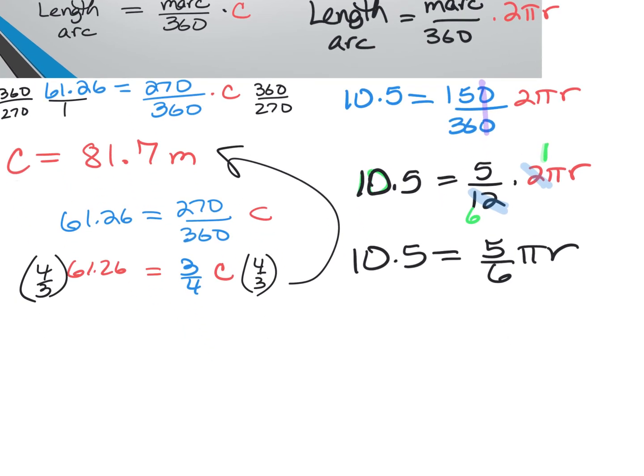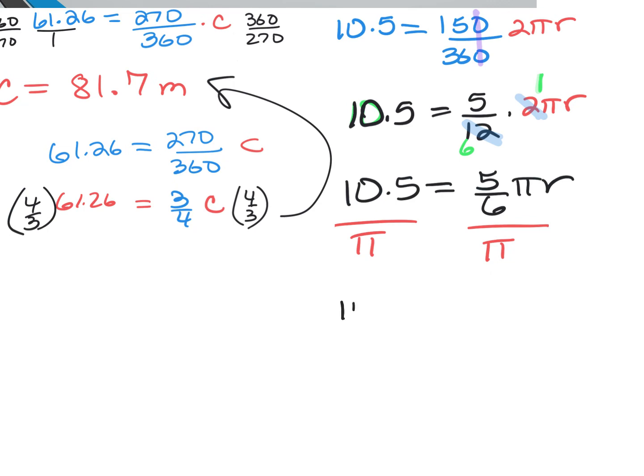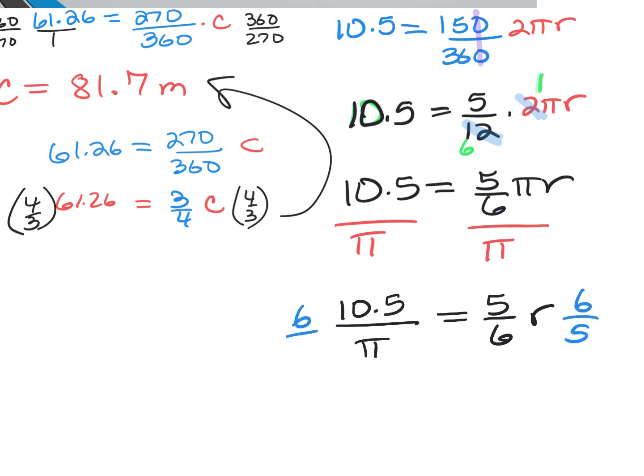I need to get rid of the 5/6 pi. So if I divide both sides by pi, I now have 10.5 over pi equals 5/6 r. And now I'm going to multiply both sides by the reciprocal. This all simplifies.